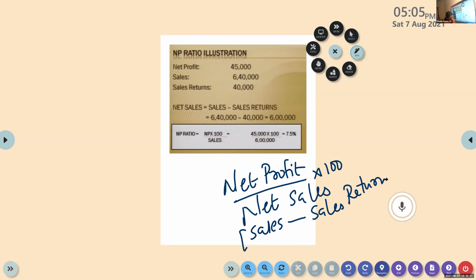Okay. Now suppose I'm asking you, if the firm is making a net loss, then what about the ratio that we find out? Will it be the net profit ratio?